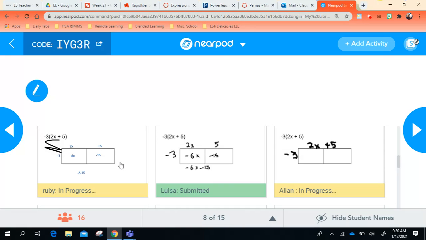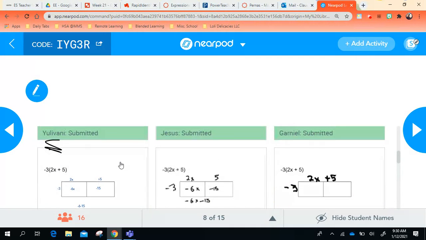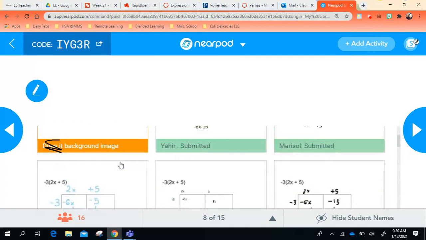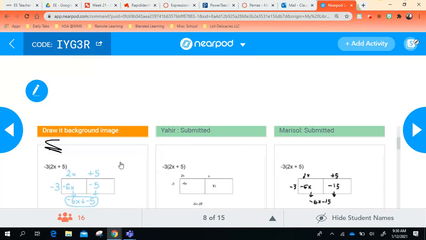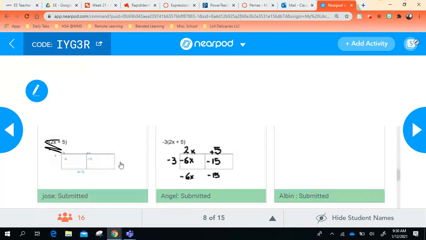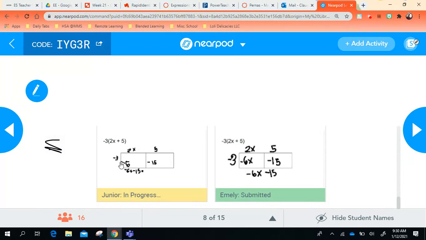It looks good in the box, but you forgot to bring the variable all the way down. Okay, for those of you at home, even if you are not completely finished, I need you to submit, because I am about to change slides.